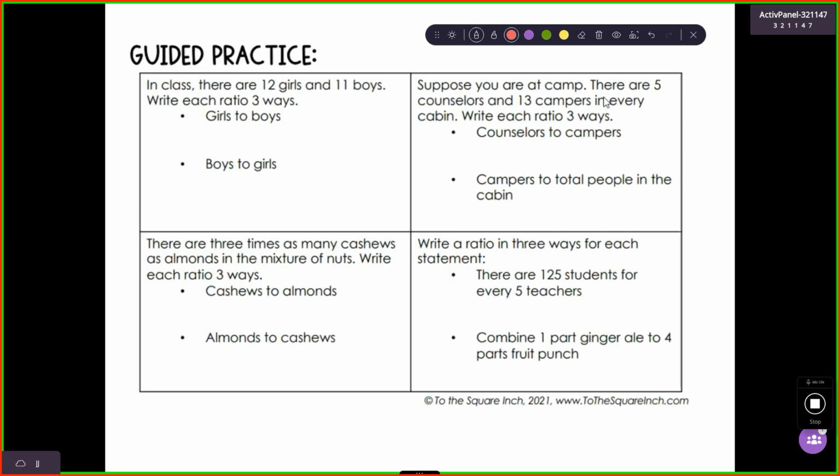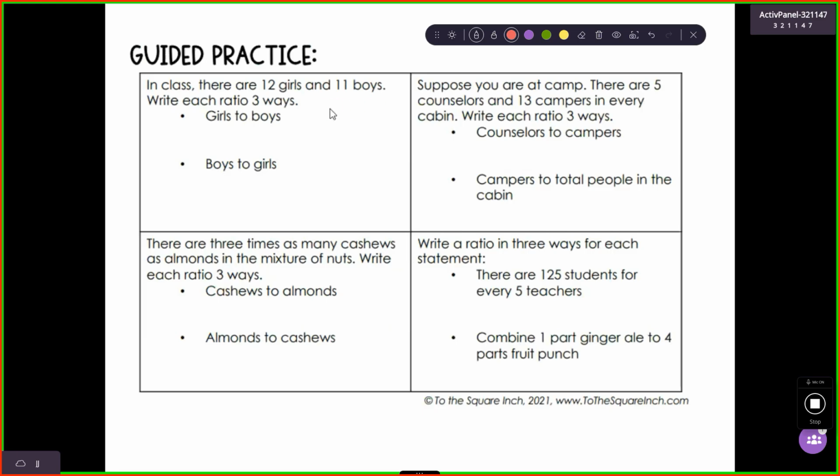we are going to practice. In class, there are 12 girls and 11 boys. Write each ratio 3 ways. We're just practicing on these, how to write the what? Ratios. But before we begin, I want you to make a ratio table.